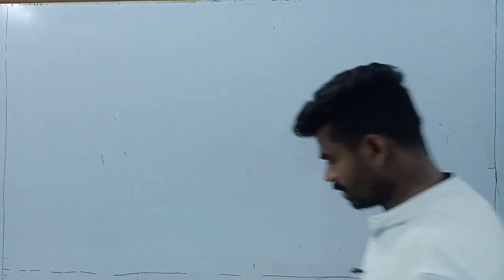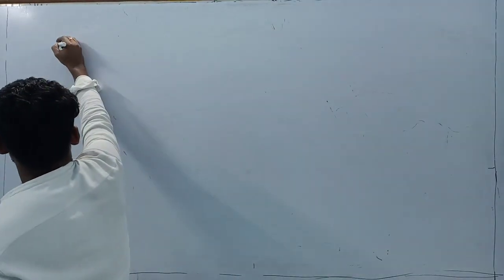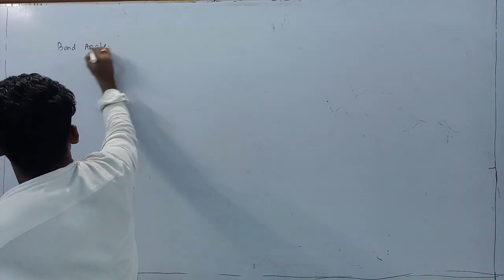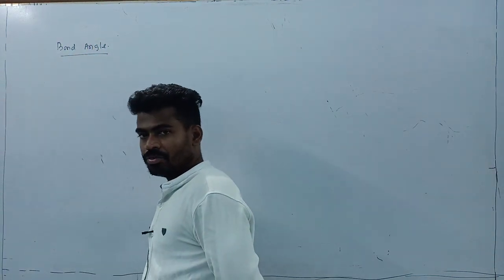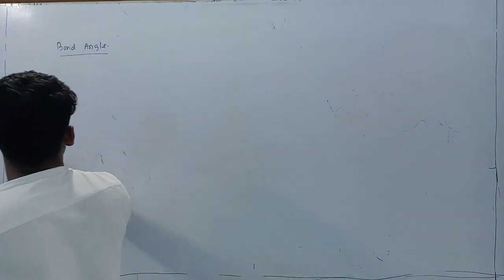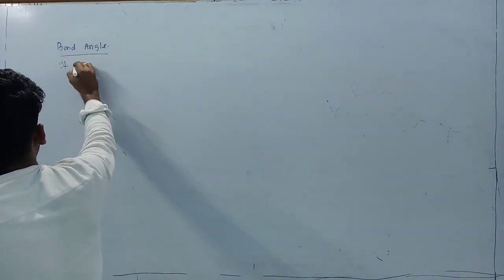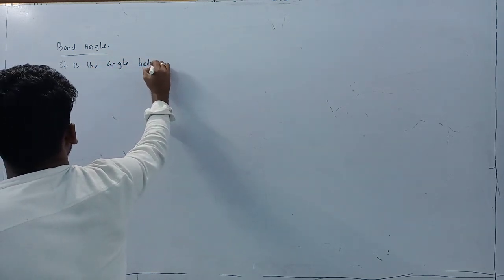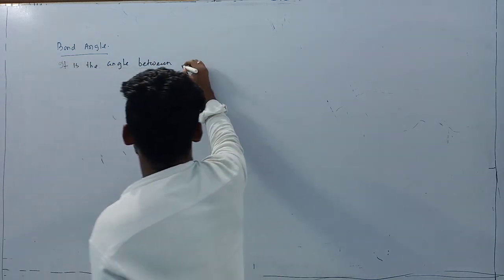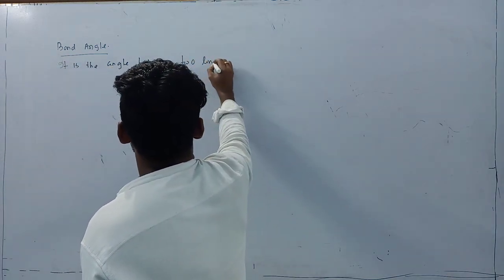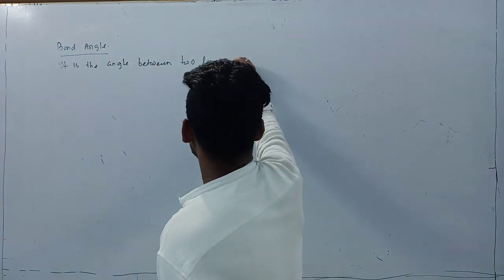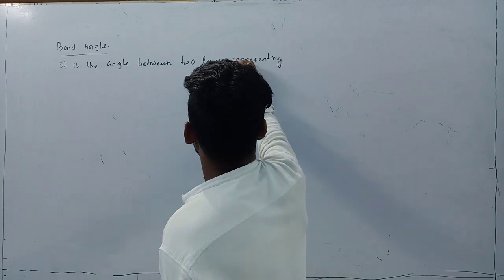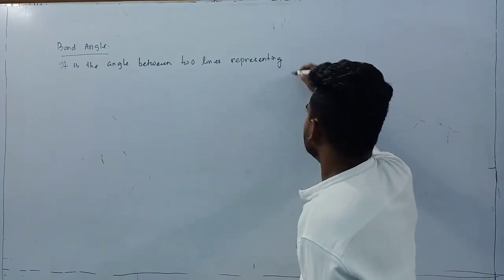So the next important parameter is bond angle. Bond angle is nothing but an angle. It is the angle between two lines representing the direction of bonds.